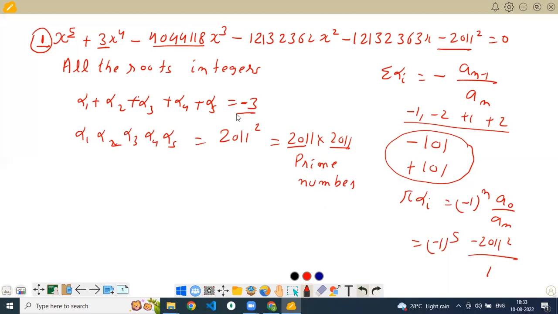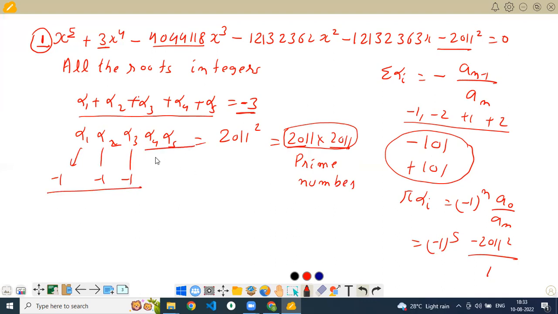And since the sum is minus 3, both the roots cannot be positive. One has to be negative and another has to be positive. So what we see here is, if the sum is minus 3, I can easily say the roots are minus 1, minus 1, minus 1, which gives the sum minus 3.